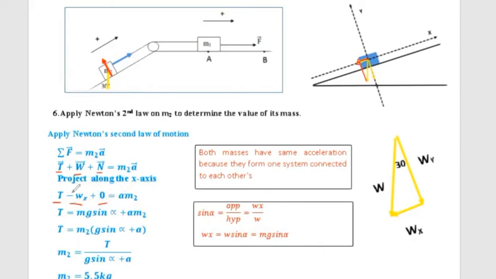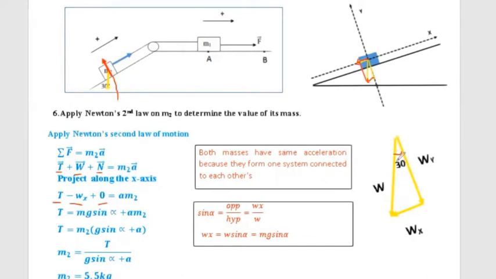What is Wx? How can we find it? Okay, so this is Wx, the same as Wx here. This is the triangle that we have. And the angle here between the y-axis and W is the same as the angle of the inclined plane, which is 30 degrees.